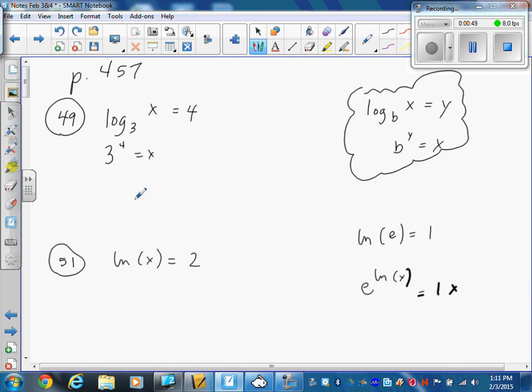Well, that's pretty easy. You can pick up your calculator and find 3 to the 4th power. What is 3 to the 4th power? So x equals 81, because 3 times 3 times 3 times 3 is 81.